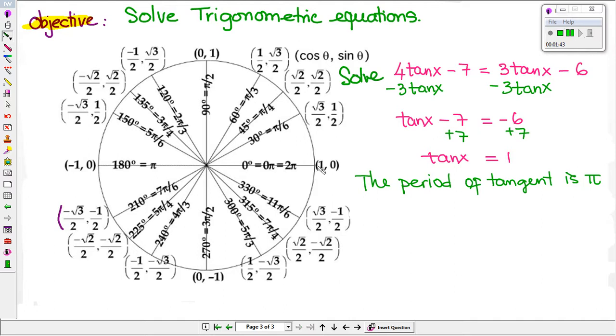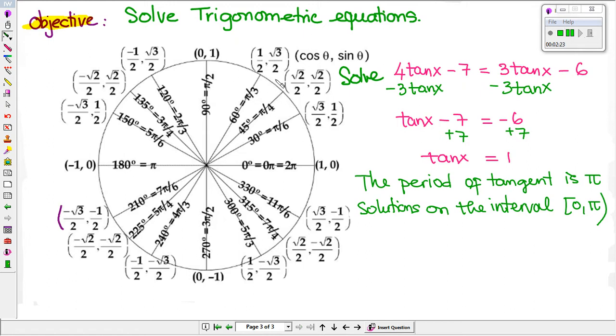We'll look at the interval from 0 to pi, or from 0 to 180 degrees. So therefore I'm going to say that the solutions on the interval from 0 to pi.